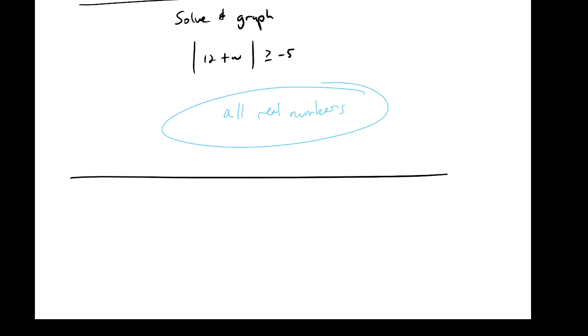Next, let's do another solve and graph. Three times the absolute value of 2t minus 3, minus 5, greater than 16.